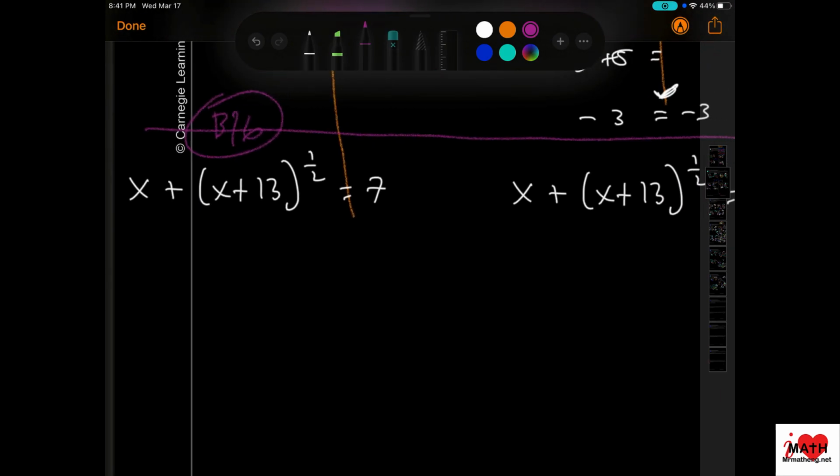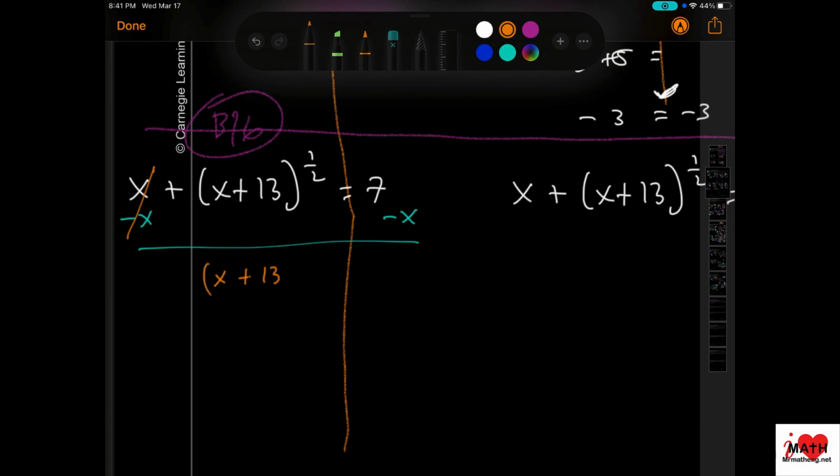Okay, so let's do the same thing we did in the last problem. I kind of want the radical isolated, so I'm going to subtract x and get 0. Then I have x plus 13. Remember, you can put it into radical or rational exponents. I'll just leave it as a rational exponent, and I have 7 minus x. Remember, how did I get rid of that 1/2?